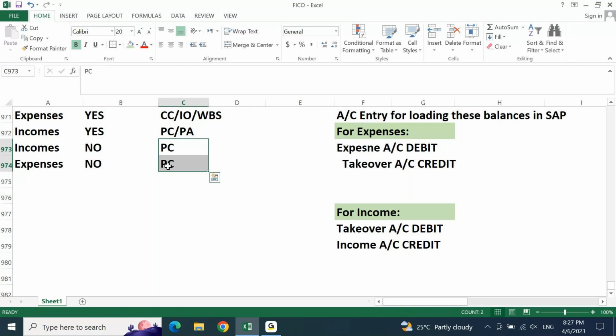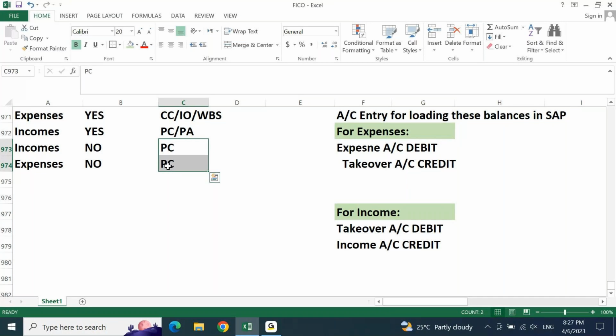If it is not a cost element, why we need profit center? We can directly upload without profit center. Then you'll have to tell profit center is part of financial accounting, and as per document splitting new GL functionality, profit center is mandatory for each and every transaction, irrespective of the nature. Asset, liability, income, expense, profit center is must. No profit center, no document in SAP.